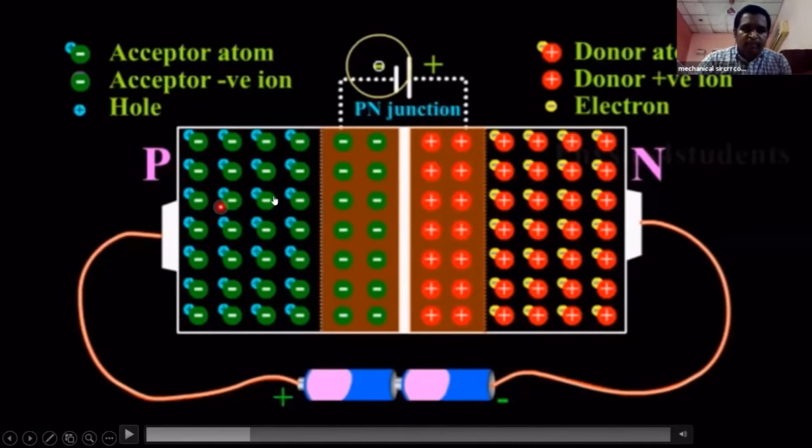In P-type material, the majority carriers are positive. Here we have more holes, meaning positive charge is there. Now we are connecting the positive terminal to the P-type material.